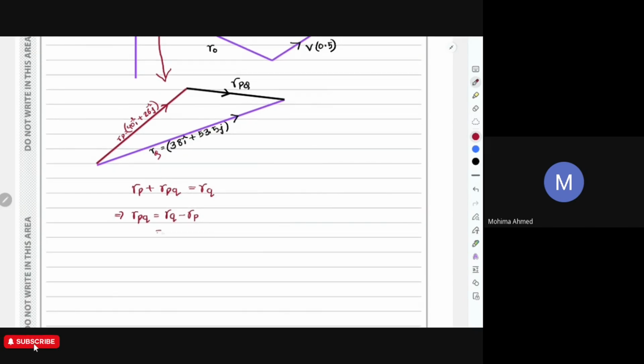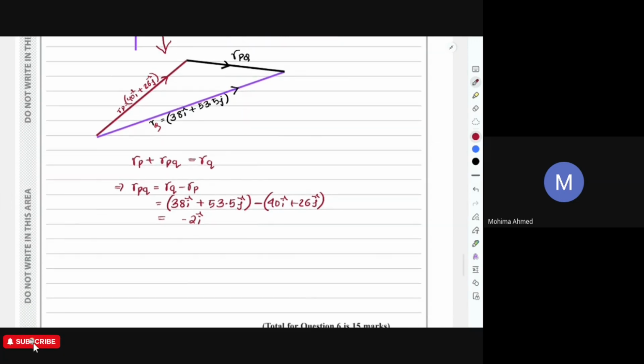RQ is actually 38 plus 53.5j, and then subtract RP. RP was 40i plus 26j. So you basically have 38 minus 40, which is minus 2i. 53.5 minus 26 is 27.5.